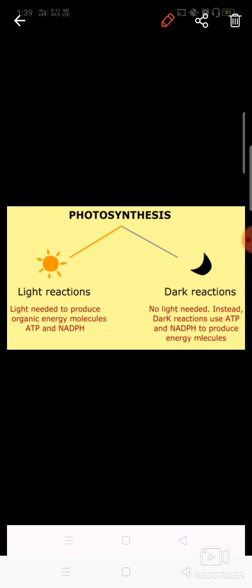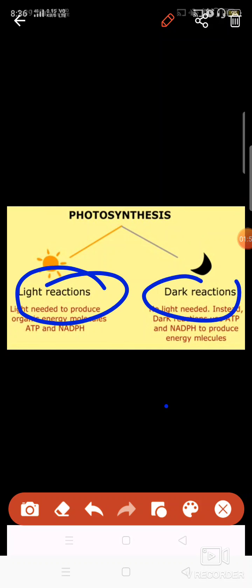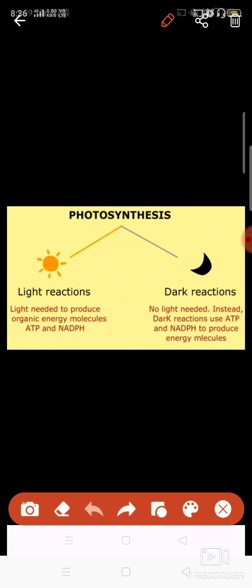Now this reaction is not completed in only one step. Actually, this reaction is carried out in two steps, known as light reaction and dark reaction. Light reaction means it occurs in the presence of sunlight.